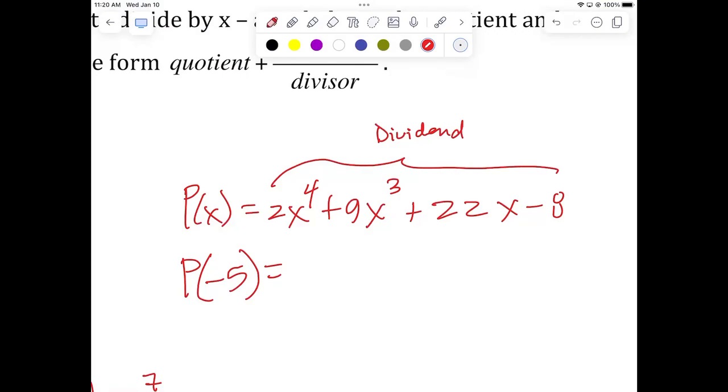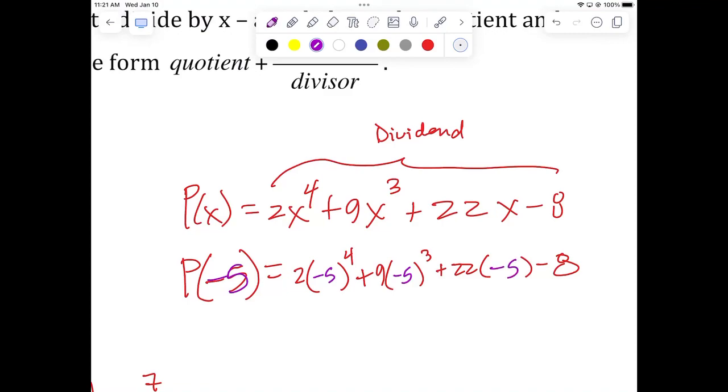What would we do to evaluate that at negative 5 without a calculator? What would I do with the negative 5? Well, would I just plug it in for x? It would be 2x to the fourth plus 9x to the third plus 22x minus 8. And what would go inside each of those parentheses? Negative 5. Ooh, would that be fun to evaluate without a calculator?